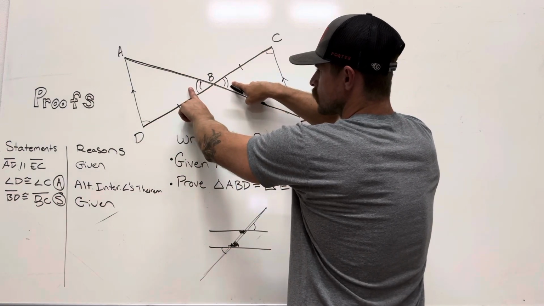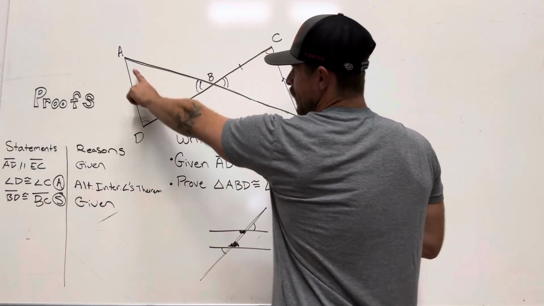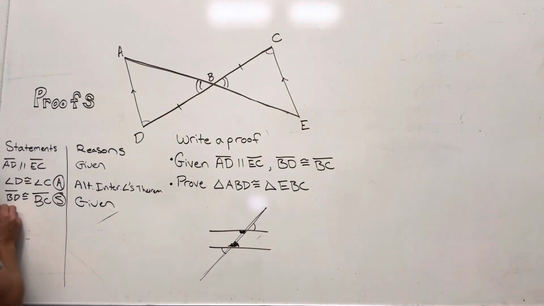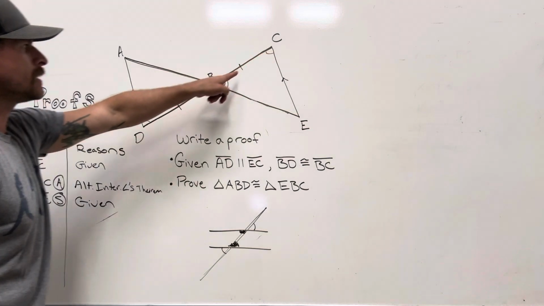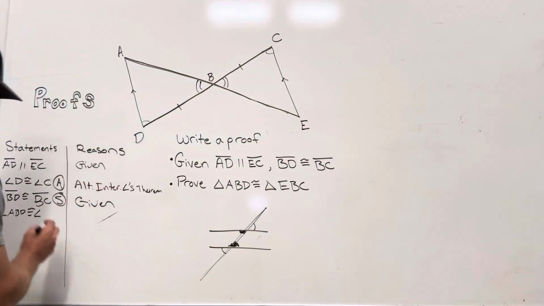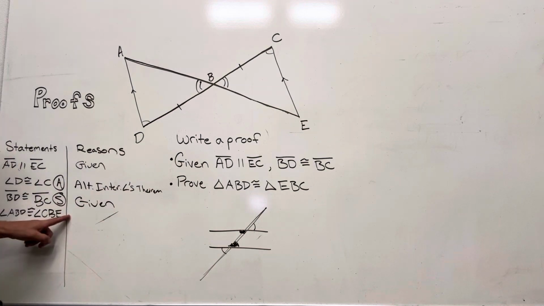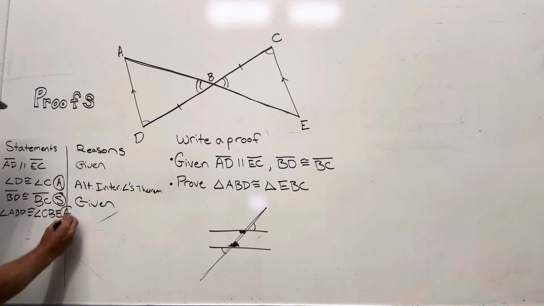So what we can say is angle ABD is congruent to angle CBE. And that is our last and final angle to prove.